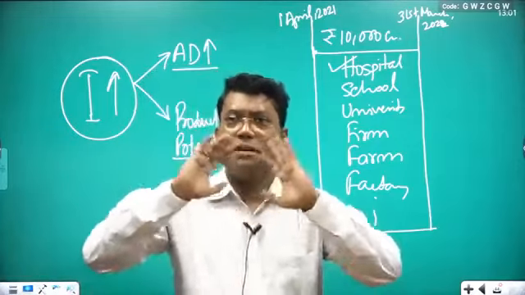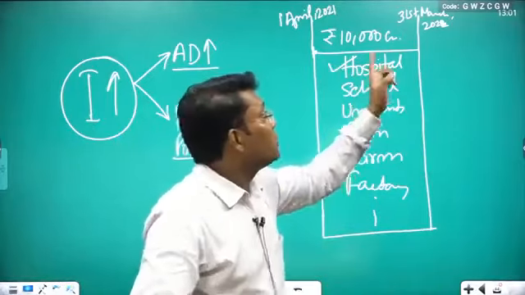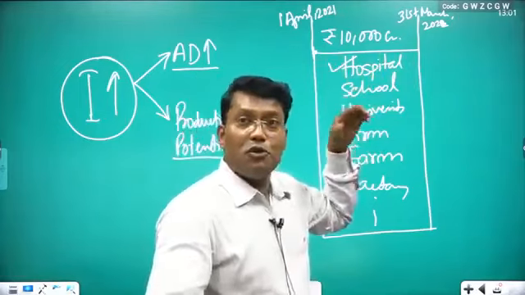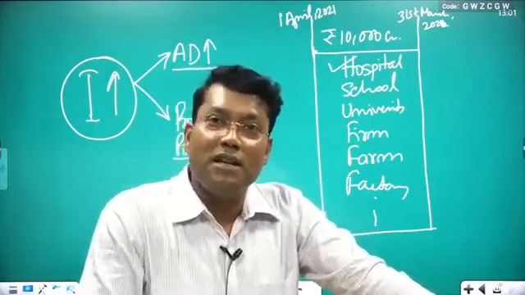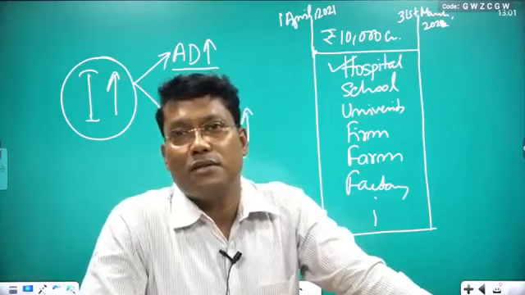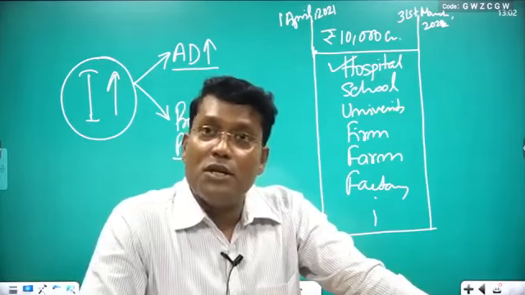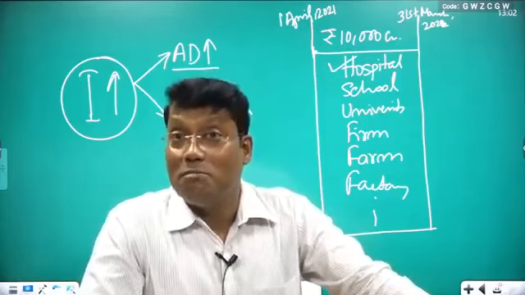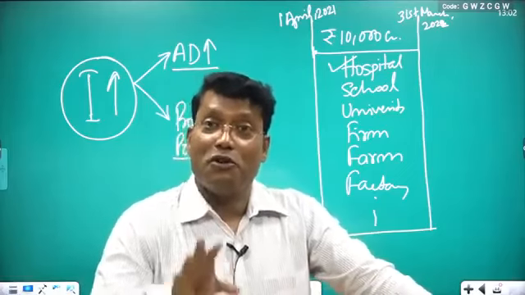So once hospital is completed on 31st March, it means in this year you spend the whole 10,000 crores in the economy. So the moment you spend all 10,000 crores in the economy, means what? The 10,000 worth of goods and services you demanded for construction or completion of this hospital. That is the meaning of investment.